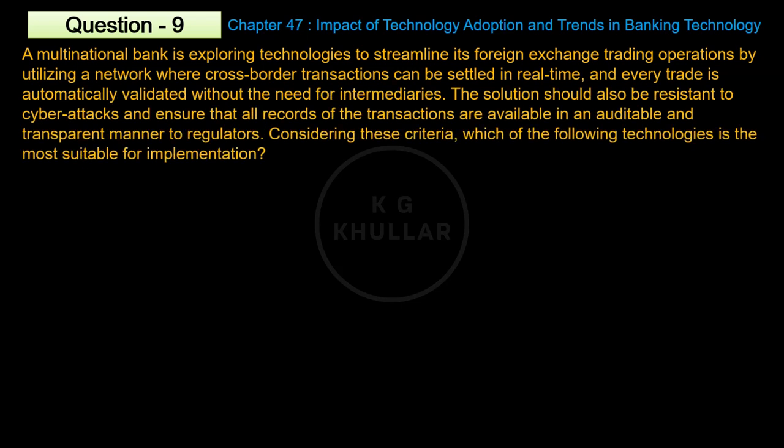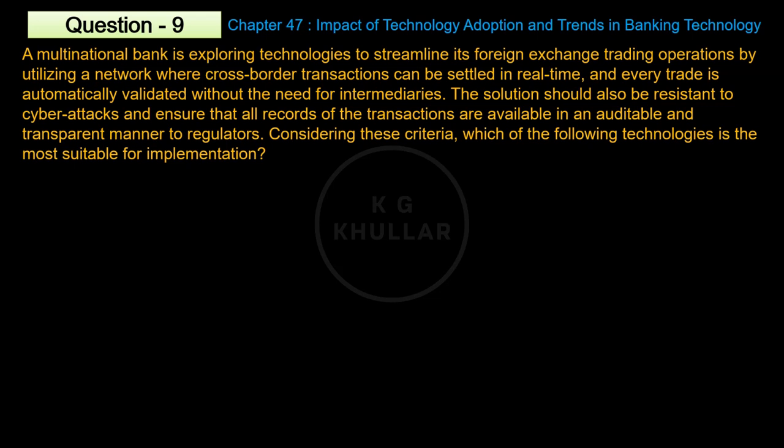Then next question is from chapter 47, that is impact of technology adoption and trends in banking technology. And the question goes like this. A multinational bank is exploring technologies to streamline its foreign exchange trading operations by utilizing a network where cross-border transactions can be settled in real time and every trade is automatically validated without the need for intermediaries.